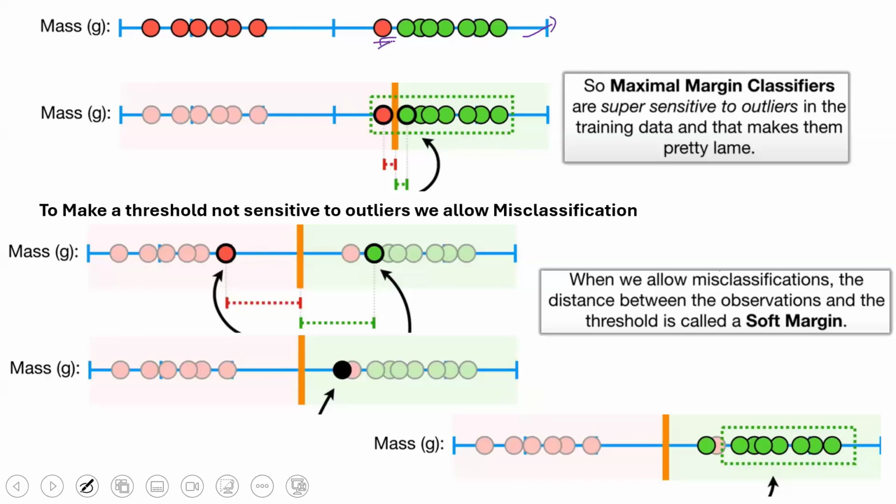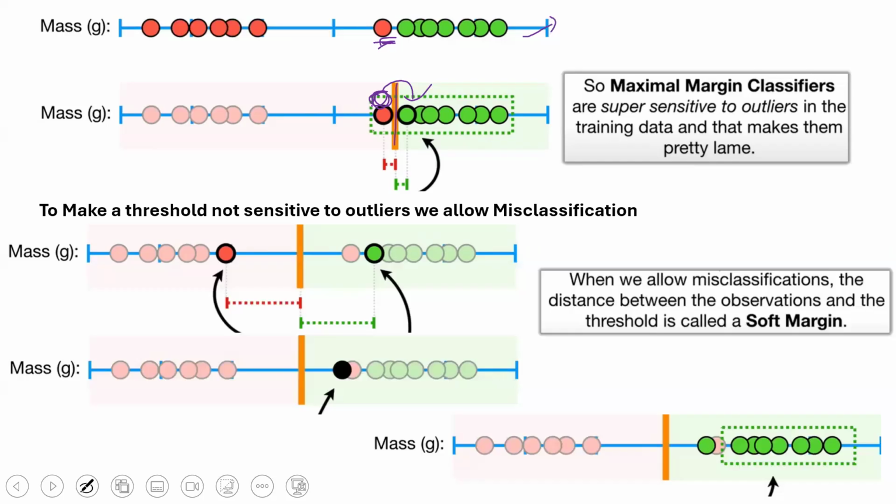If you take the edge as this outlier and use it for the margin, and you get a test point here, you classify it as red, even though it is close to green, because it is on the other side of the threshold line, and the threshold line got impacted by the outlier. So we can say maximum margin classifiers are super sensitive to outliers.